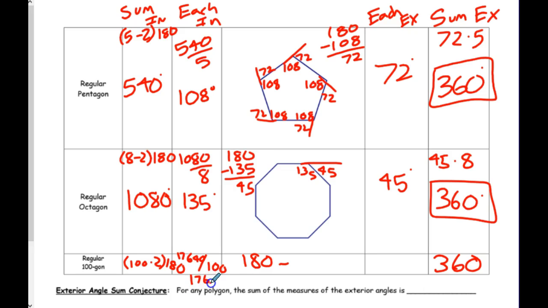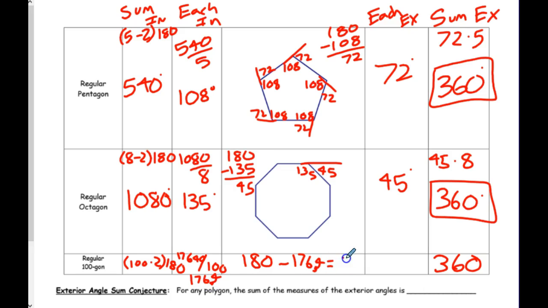So 176.4. 100 minus 2 times 180 divided by 100 is 176.4.